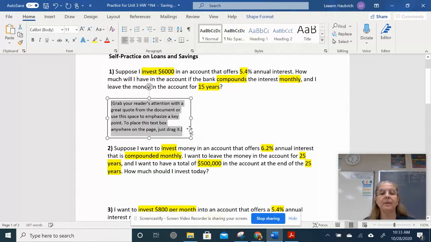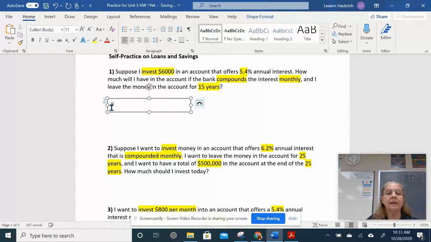Okay, so in this box, I'm going to start with P equals, because the very first word I see is the word investment. So I know that the investment is $6,000. The very next thing I come across is the interest rate, 5.4%.